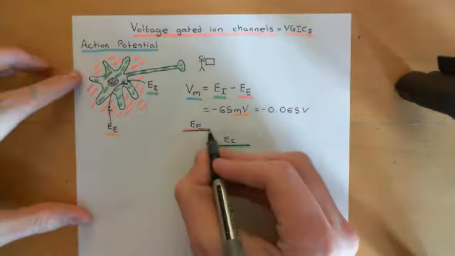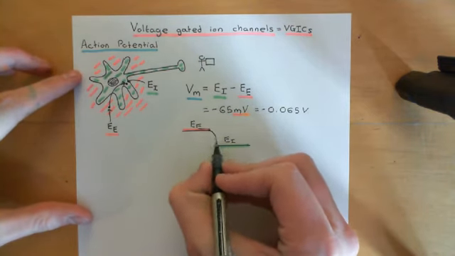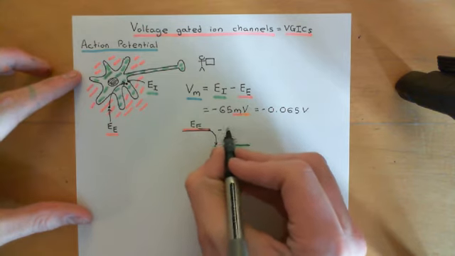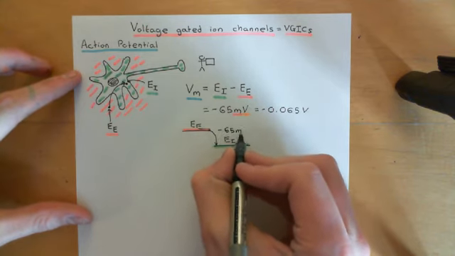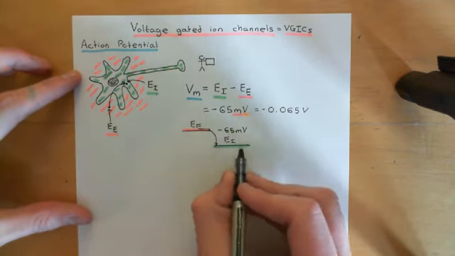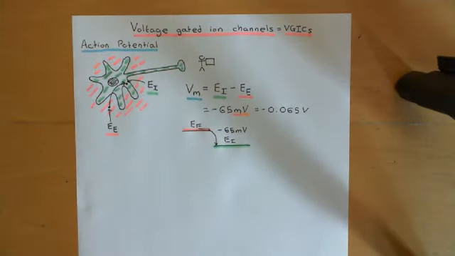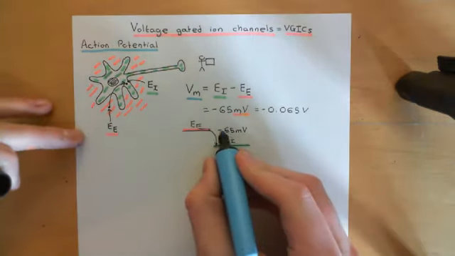So when the little man moves from extracellular to intracellular, the electrical potential drops by negative 65 millivolts. This doesn't tell you the level of the electrical potential extracellularly or intracellularly. Those numbers it doesn't tell you. All it tells you is the jump down from extracellular to intracellular. It tells you the electrical potential difference from extracellular to intracellular.